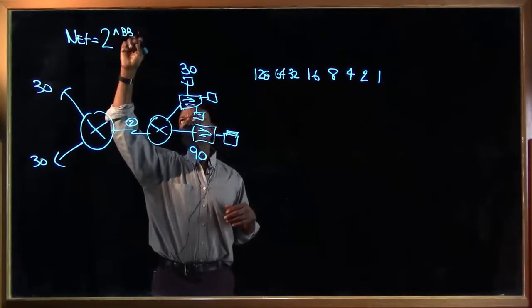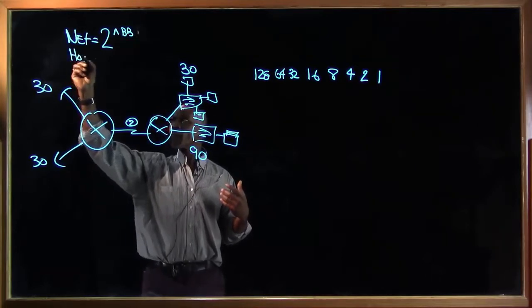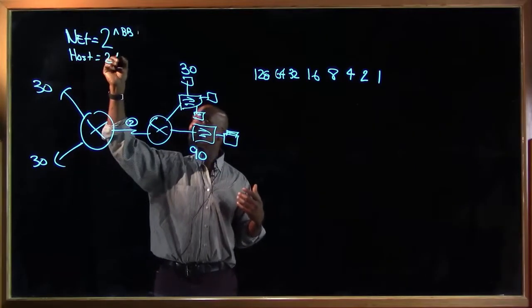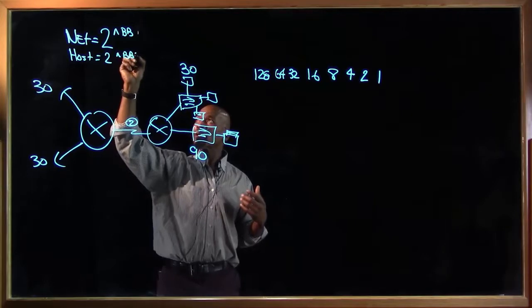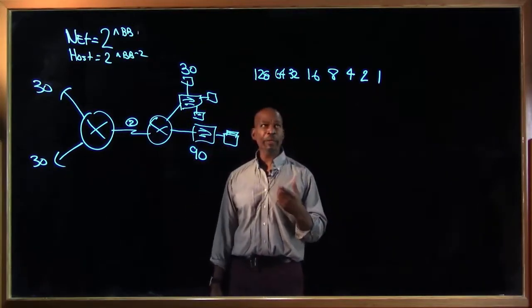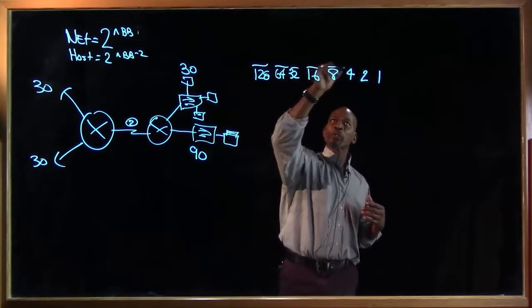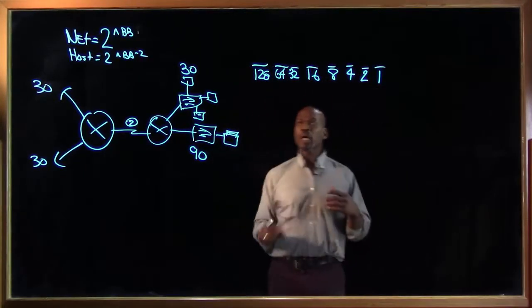Then hosts equals 2 raised to the power of bits borrowed, minus 2. I'm going to explain that minus 2 a little bit later, but for now, all you have to do is be able to count in binary.